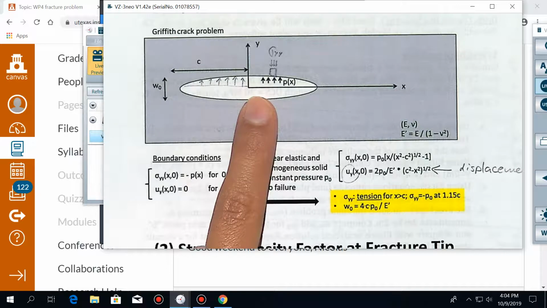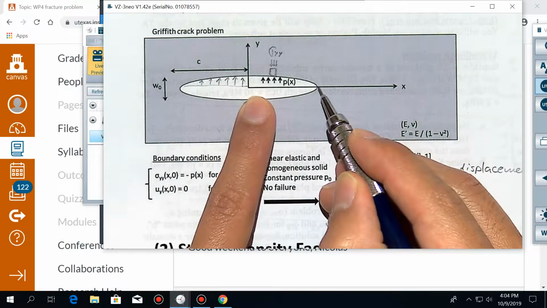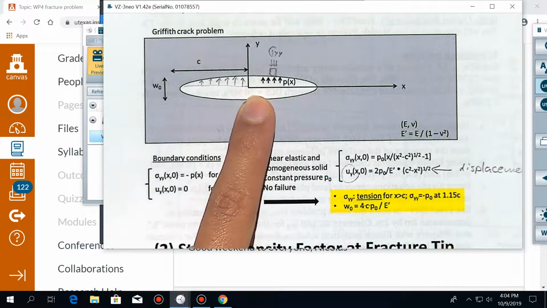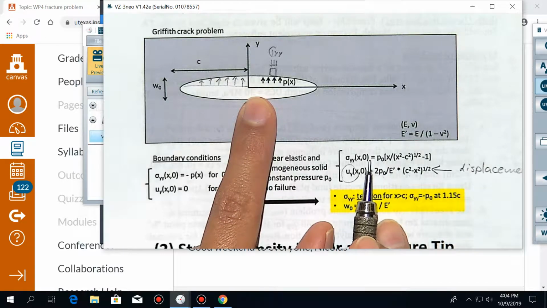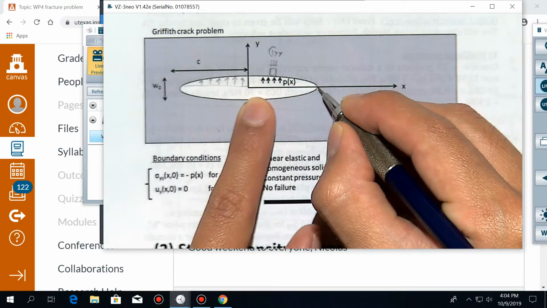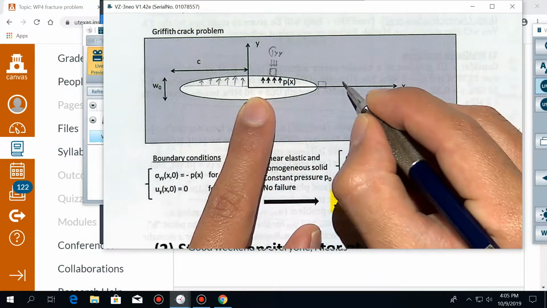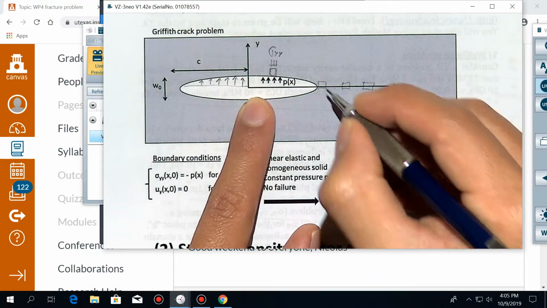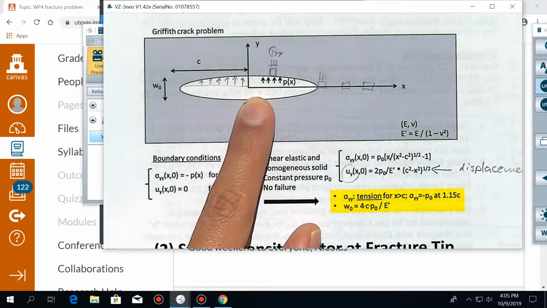What is not set is what is the stress beyond the tip of the fracture. So I want you to tell me what is the stress somewhere over here, somewhere over here, somewhere over here, also in this direction.